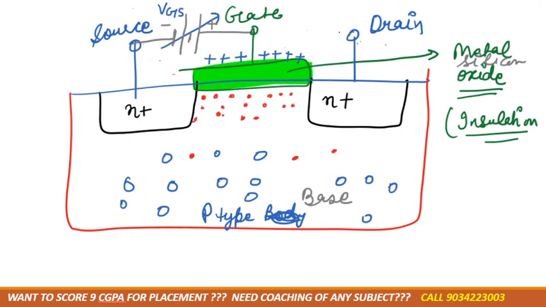Clear? Right? As I know, there are not so many. Now one thing: if I increase the value of VGS, will the minority carriers, the electrons moving towards this, increase or decrease?